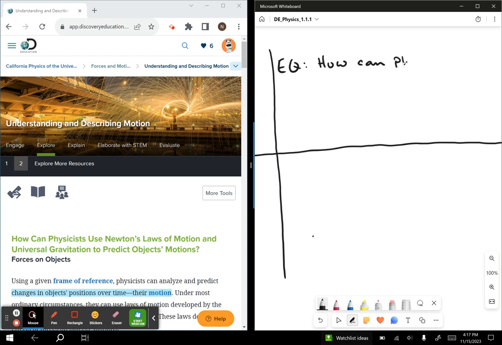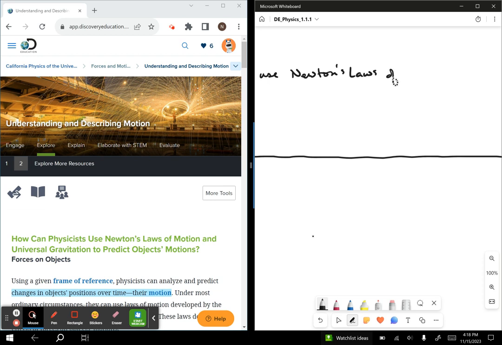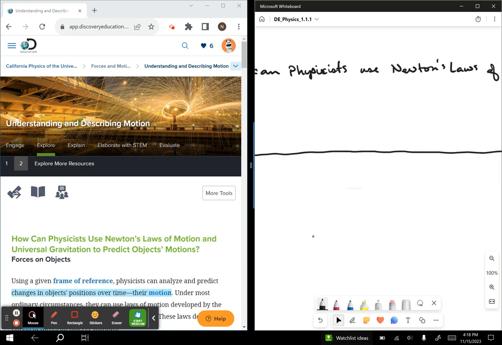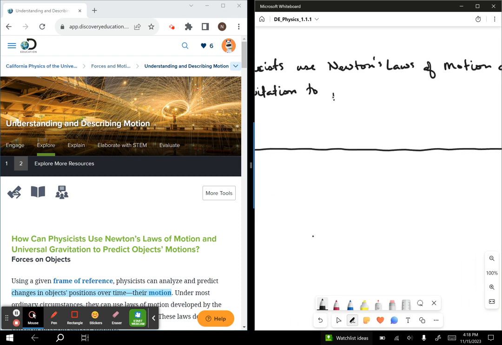How can physicists use Newton's laws of motion and universal gravitation to predict objects' motions?